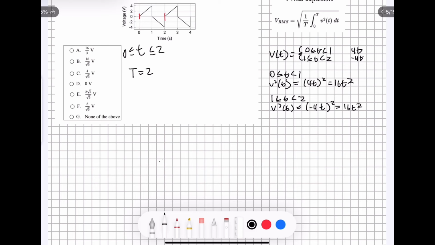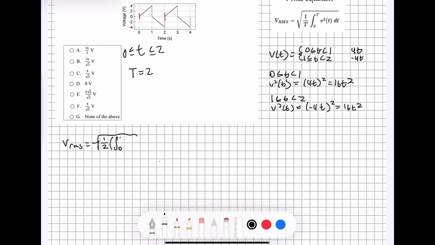All right, so now that we have these values, let's plug them into our equation. VRMS is going to be equal to the square root of 1 over T, where T in this case is 2, as we determined before. And then we are going to multiply this by our integral. Because we have two different pieces of our waveform, we're going to have to use two intervals to cover the full range of the function.